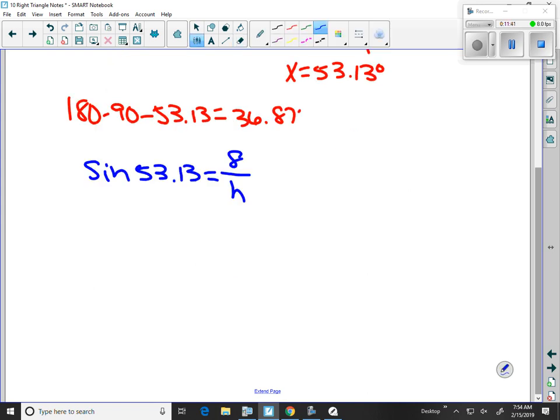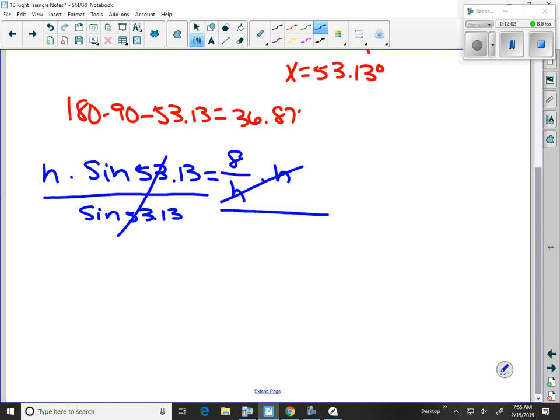So to get h all by itself, I need to multiply by h and get that out of the denominator. So I'm going to multiply on this side. You multiply by one side, got to multiply on the other side. Then I'm going to divide by my sine of 53.13. So that will cancel out.